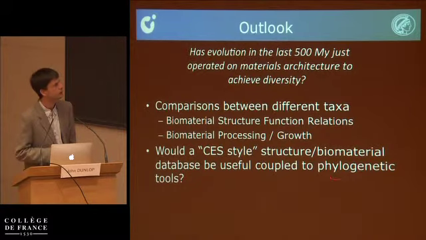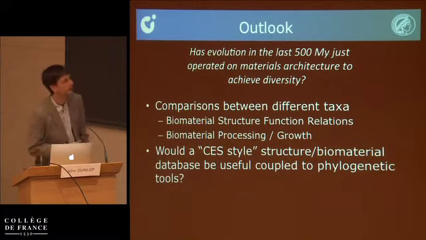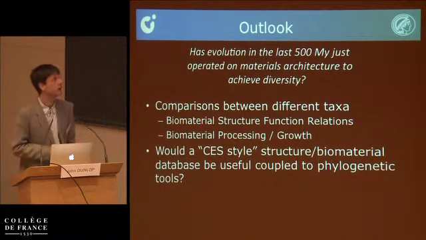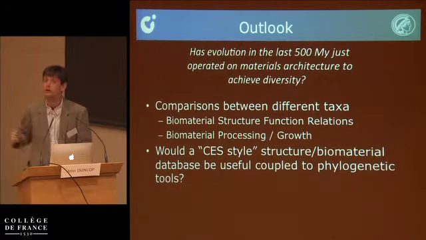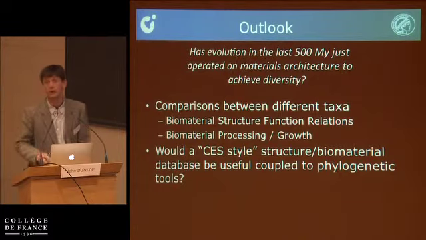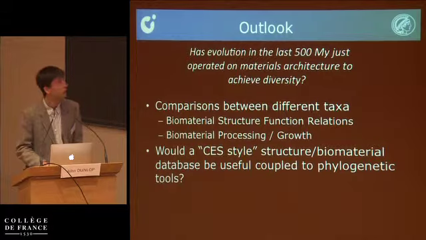And there's a question here, which is quite open: would a CES-style database of structure and function in biomaterials be useful if one could somehow couple that to phylogenetic tools, which are often used for, say, studying differences in biochemistry? This could be quite an interesting direction to go in.